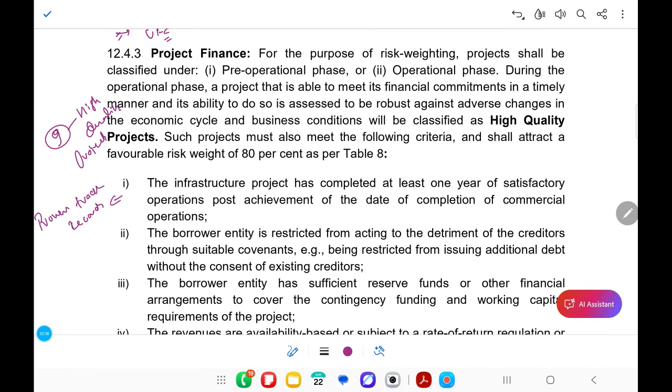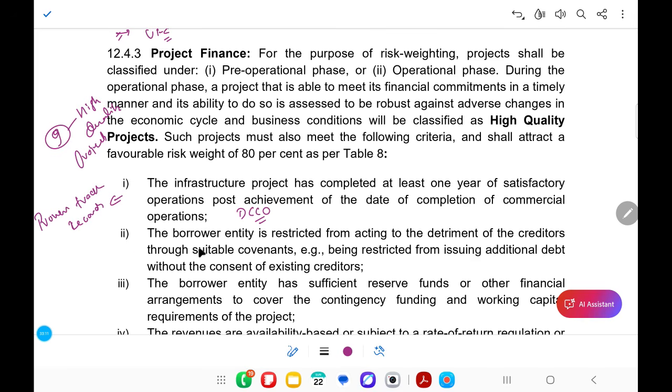The infrastructure project must have successfully completed at least 1 year of satisfactory operations following its date of commencement of commercial operation, which is called DCCO. So if this period has lapsed and it is satisfactory, then this criteria is fulfilled, and it is assumed that the infrastructure project has a proven track record. Okay.